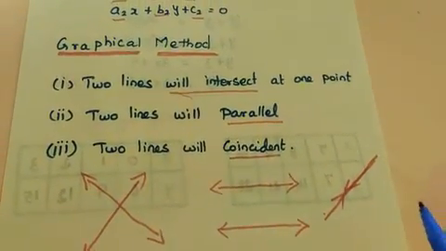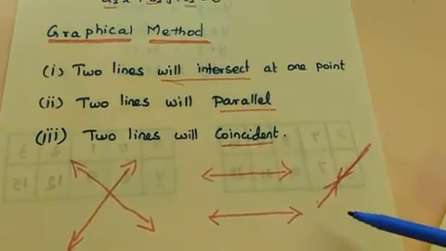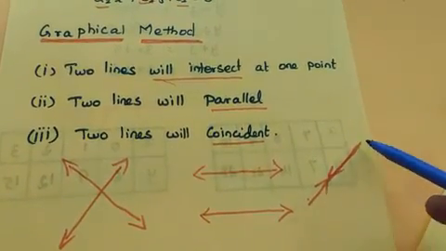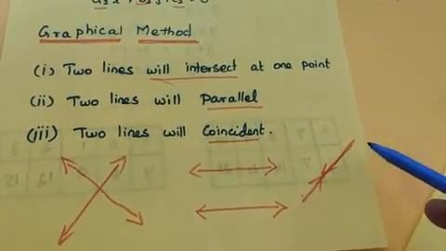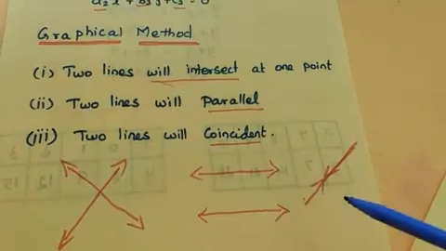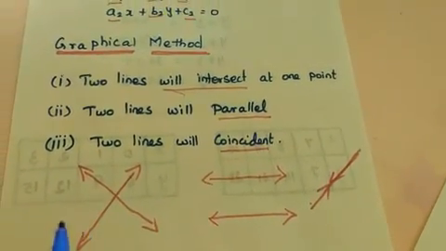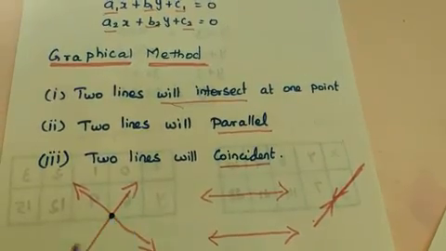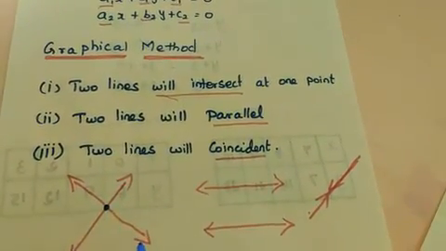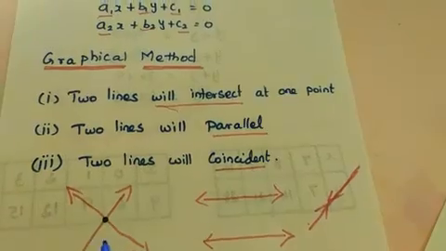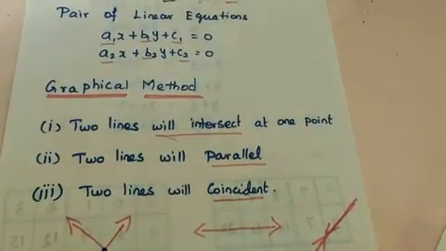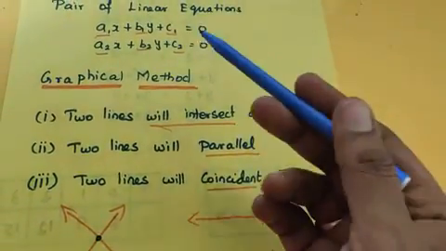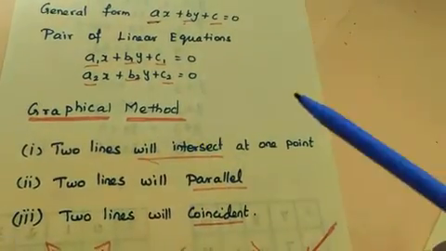And the third case is that they are coincident, right? So both of the equations give the same points, meaning the solution remains the same. When you take the intersecting one, at one point they intersect, which means that point is the solution for both the equations.